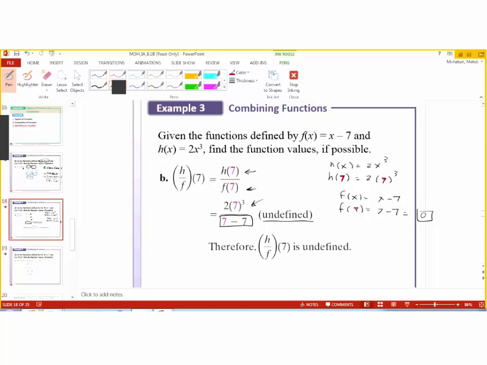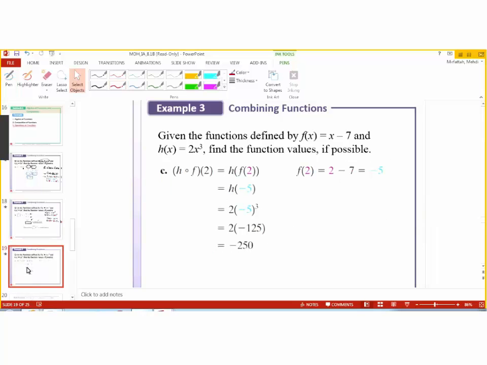And for f of 7, you look at the f function and put 7 for each x, which turns out to be 7 minus 7, which is 0. We get 0 here, so that means it's undefined. Question on that, anyone? Are you done writing, Margarita? Yes.